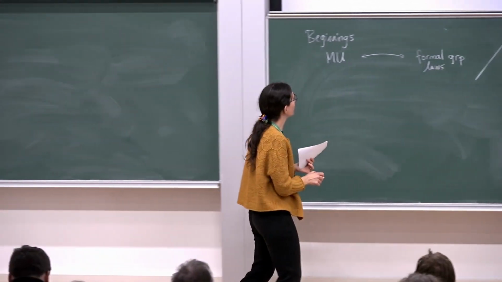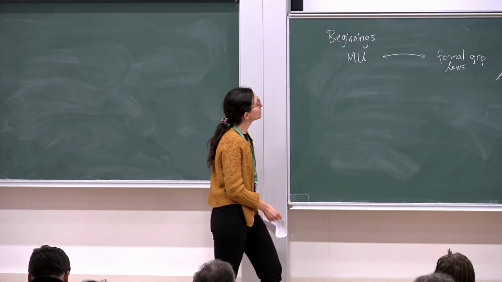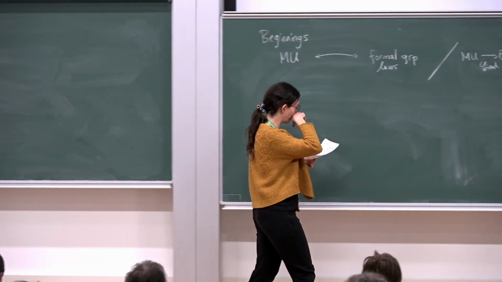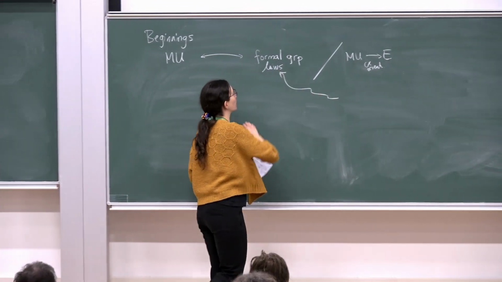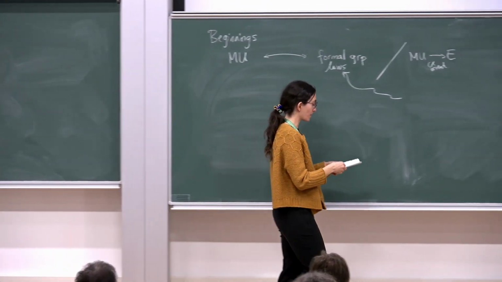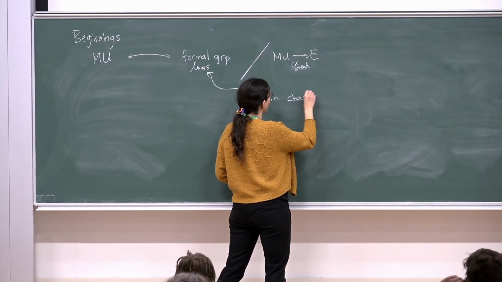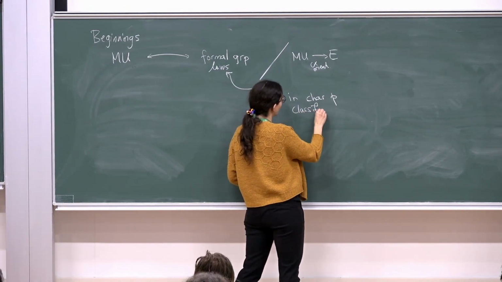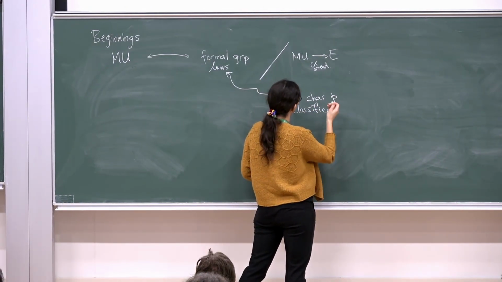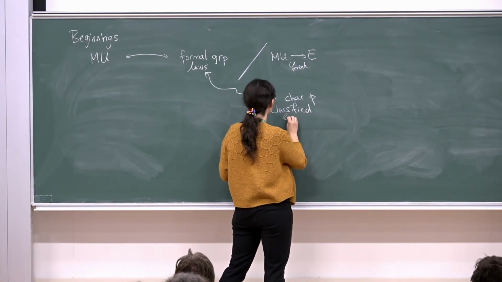All right, so why does this lead us to what we call chromatic homotopy theory? Because these formal group laws are algebraic objects, so in characteristic p, they are classified by height.